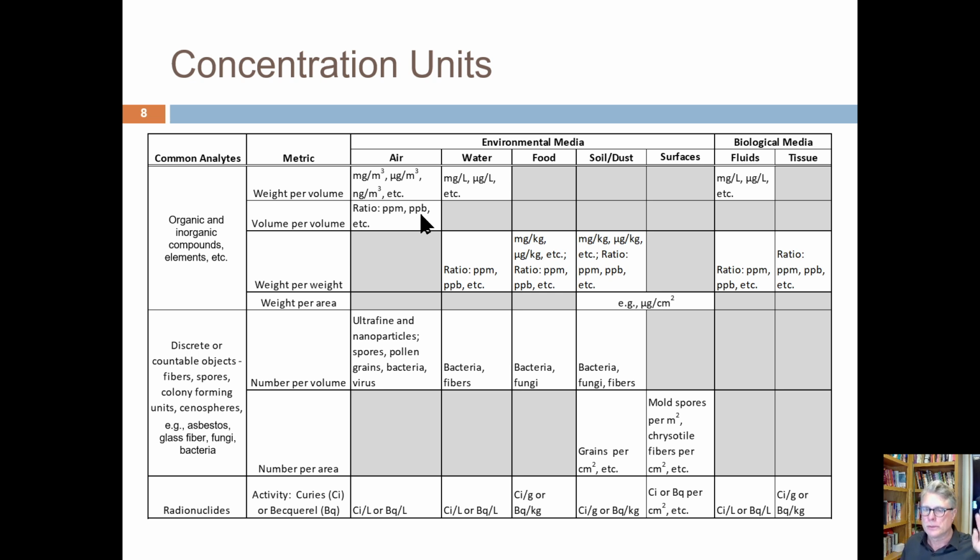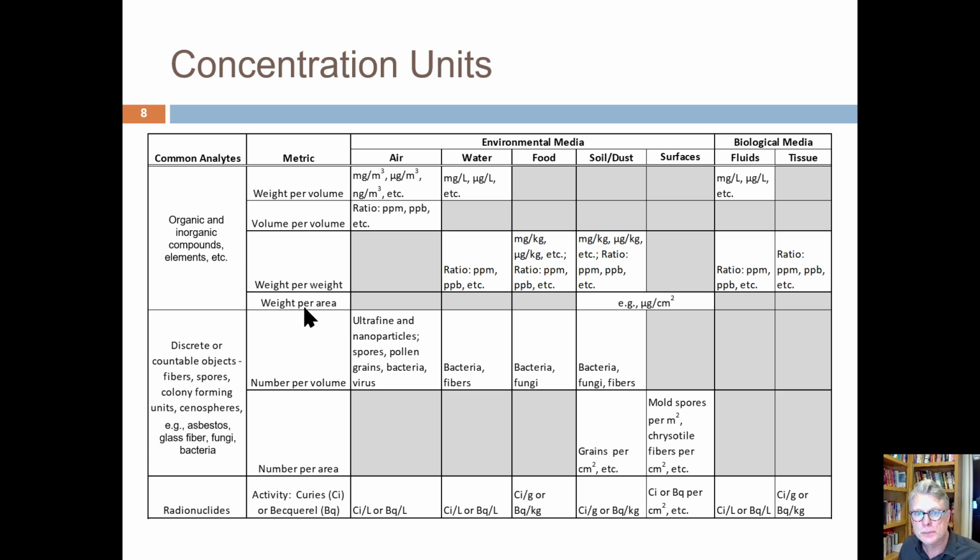We're going to talk about those in detail in a separate recording, but I just want you to be aware of the different types of concentration units at this point. Another metric is weight per weight, which is akin to volume per volume, but obviously based on weight. And these mixing ratios are generally used for contaminants in water and food and soil.